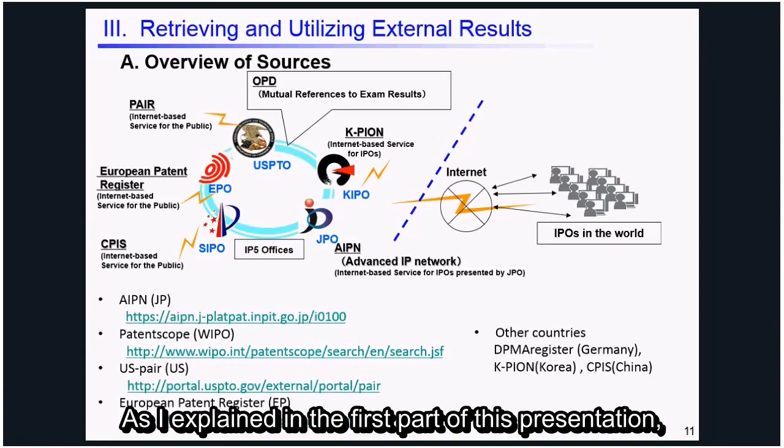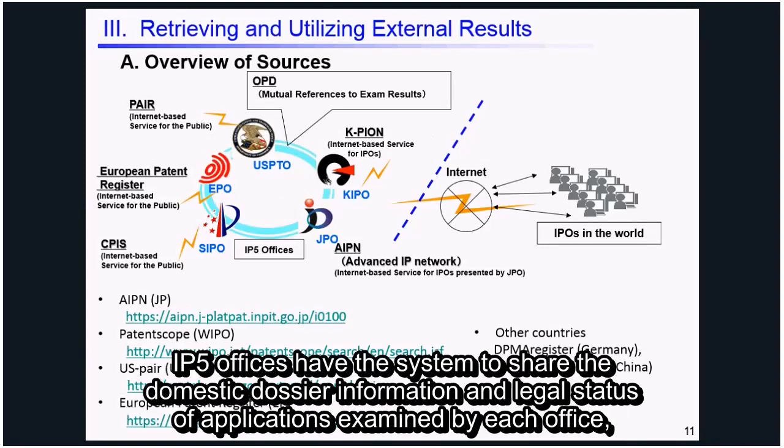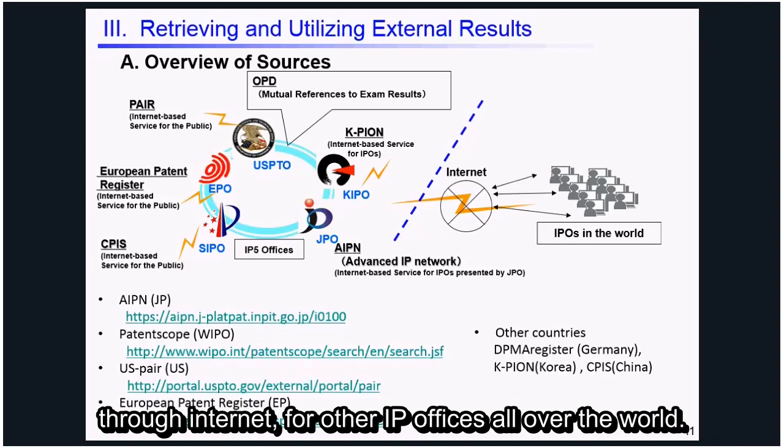As I explained in the first part of this presentation, IP5 offices have systems to share the domestic dossier information and the legal status of applications examined by each office through the Internet for other IP offices all over the world.